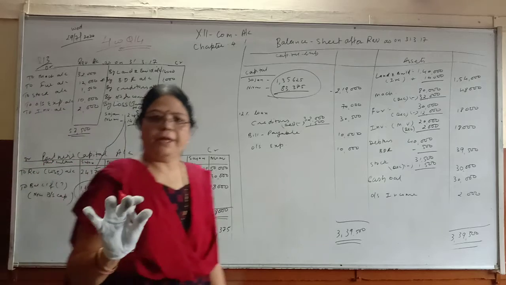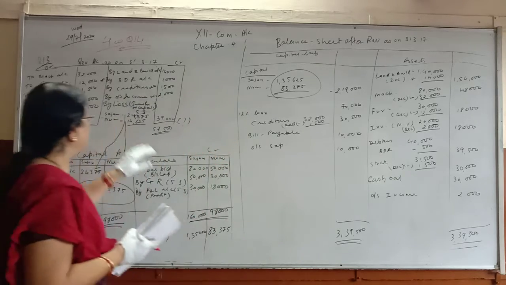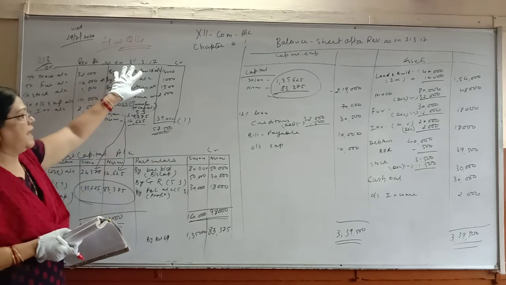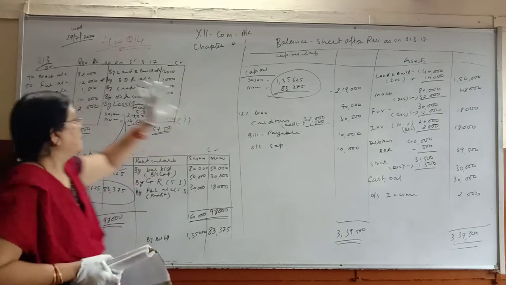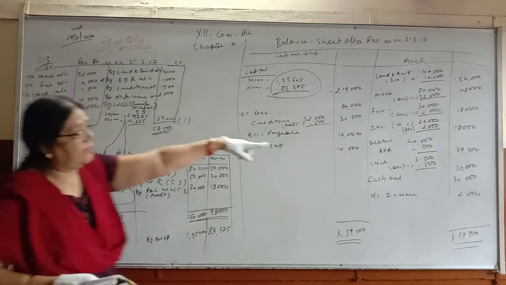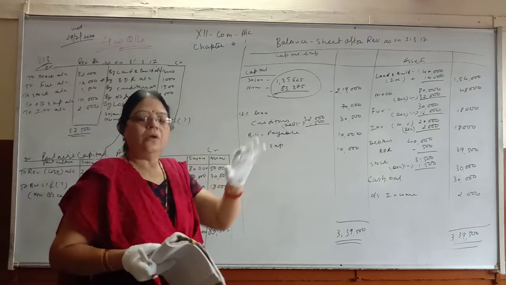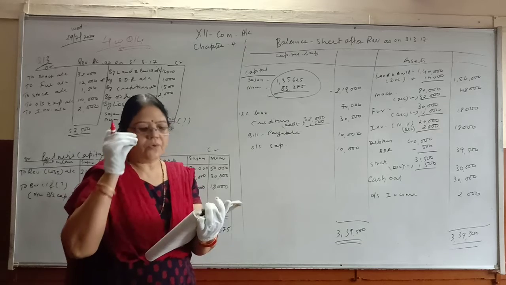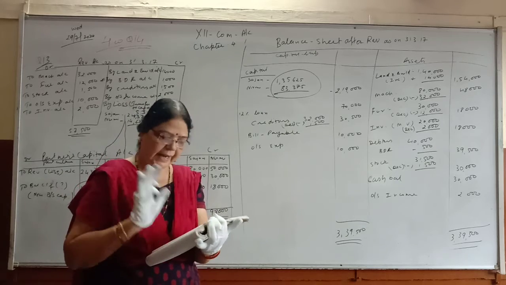In question 14, revaluation account is given ready-made, so we don't have to draw it. If it is this side, here you have to add. If it is this side, there you have to minus. So revaluation account is given ready-made to you, and you have to draw partner's capital account and balance sheet.